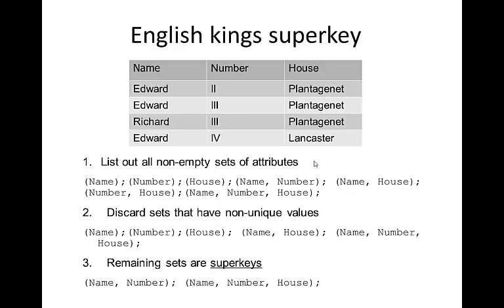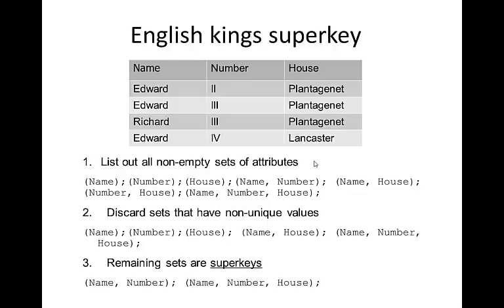Here's a table. We want to devise the superkey and the primary key for this table of kings. We've got 4 kings and 3 columns: name, number and house. So what do we do? This is the process for determining the superkey from this table.